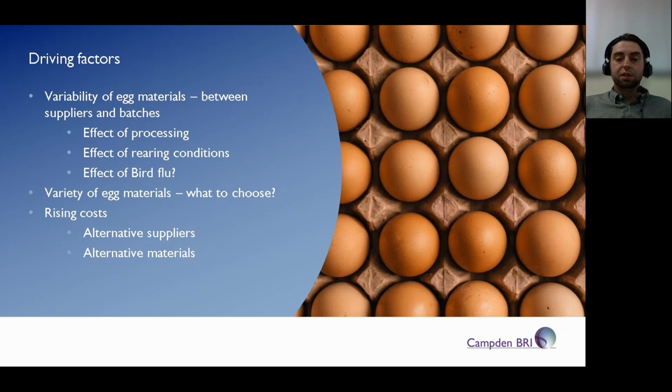Quite often the methodologies are not consistent between suppliers, and also the results are method specific. So how you measure the foaming ability of an egg matters on what the results are. So you cannot necessarily compare two results from two different suppliers. And it's that key thing that this information is currently not available on specifications.